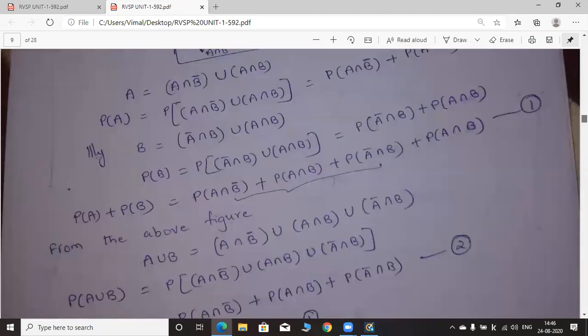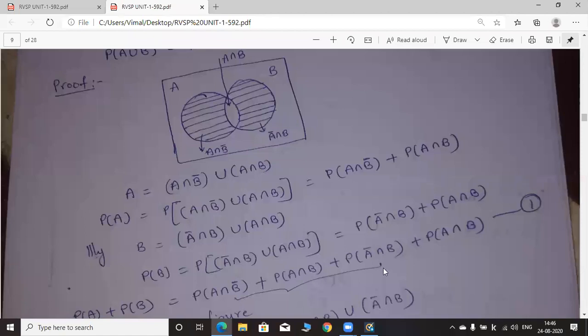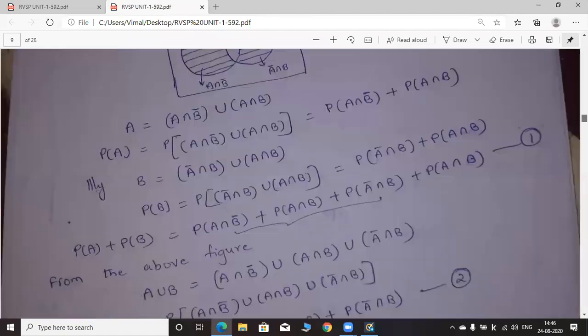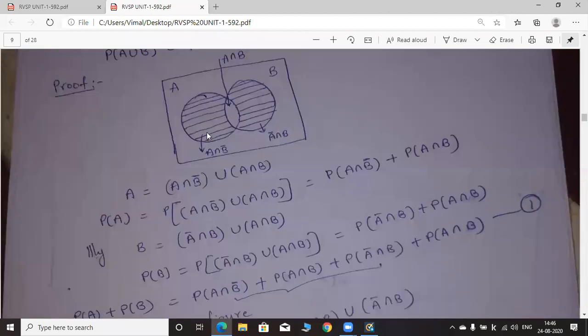So from the above figure, the combination of these three portions can be written as A union B. So this entire addition of three terms can be written as probability of A union B. Because if you see the diagram, A intersection B bar, A intersection B, A bar intersection B, these three areas cover the entire A and B. There is no missing area or portion.